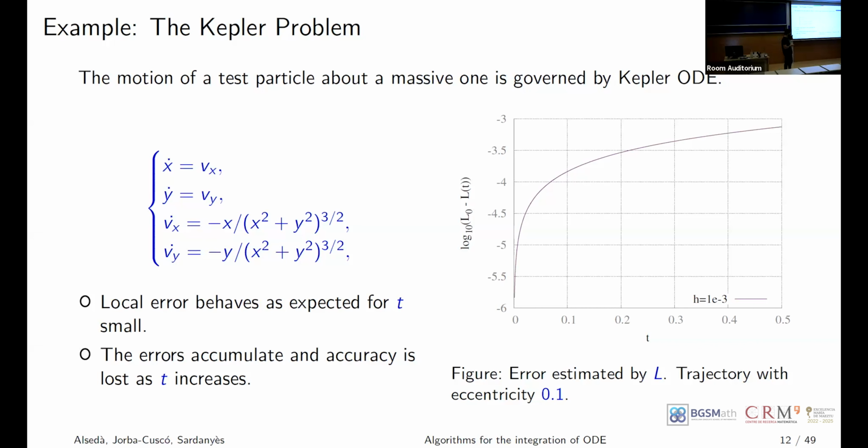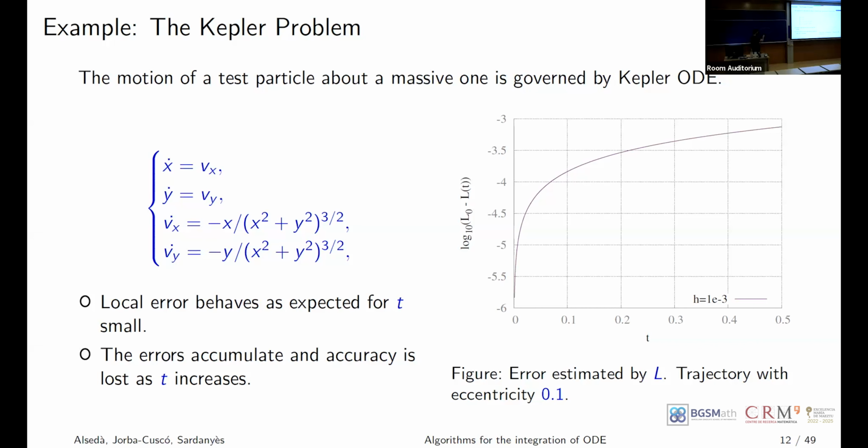Because I used an initial condition which lies in an ellipse with some eccentricity, 0.1. So an ellipse which is something like this, kind of exaggerated. I mean, this does not have eccentricity 0.1.